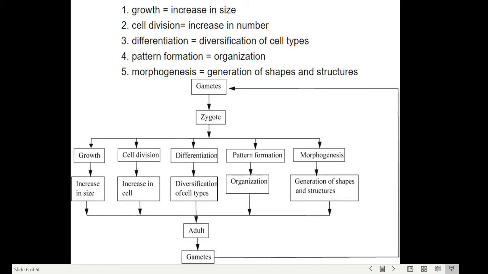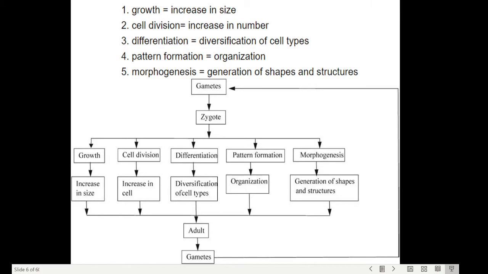The embryo wants to develop into epithelial cells, endothelial cells, everything we want to develop, right? That is differentiation, diversification, developing into diverse cell types. Next, the fourth one is pattern formation.